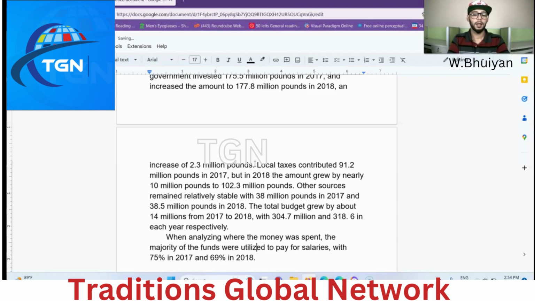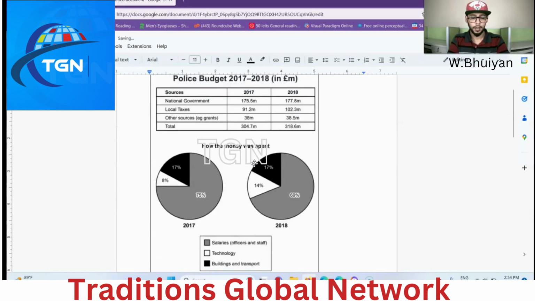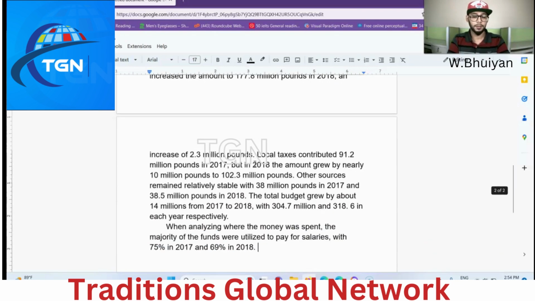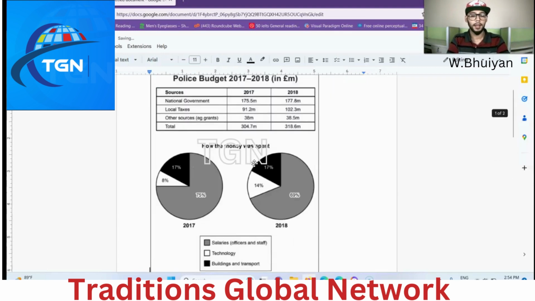Okay, now let's look at what we have here. Technology went from 8 to 14, so there was an increase. Technology grew by 6% and ended with 14% of the total in 2018. And last but not least, we have buildings and transport.